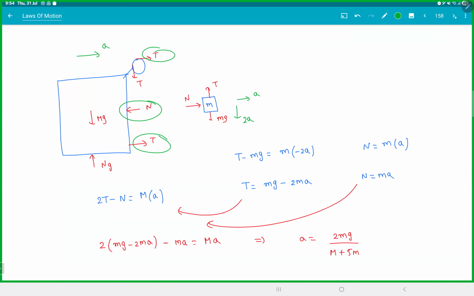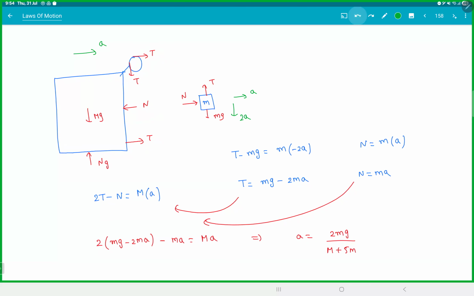So 2 tensions are pulling to the right and one normal is pushing to the back. Got this? I didn't write in the vertical direction. So this is the horizontal direction equation. Horizontal forces is equal to mass into acceleration. Clear? All got this. Let's see one more.